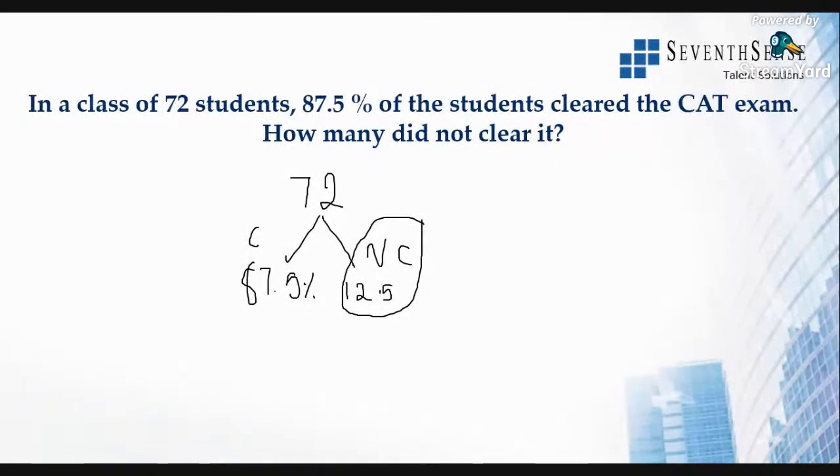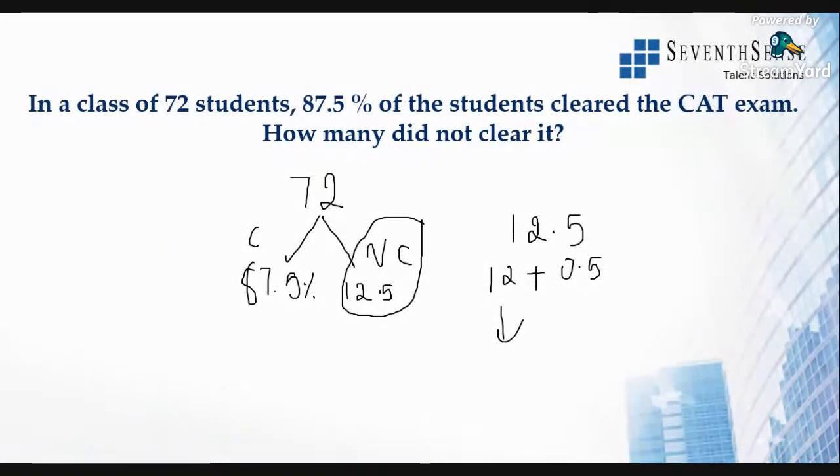12.5% of 72. You can separate this as 12% and 0.5%. So 12% is 10% and 2%. 100% is 72. 10% is 7.2. 14%, what will be the value?